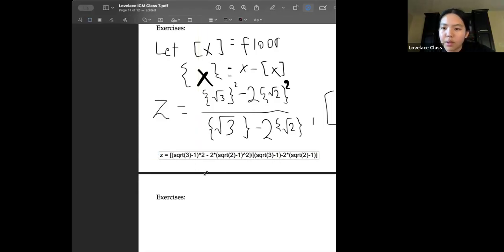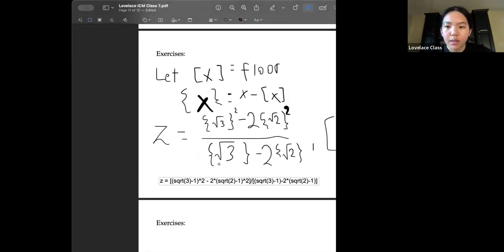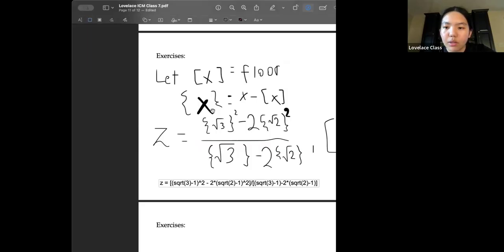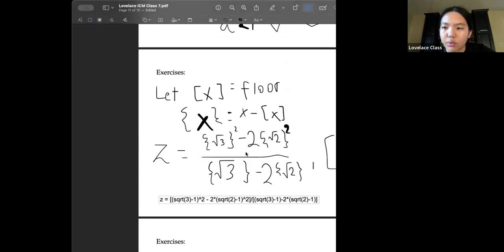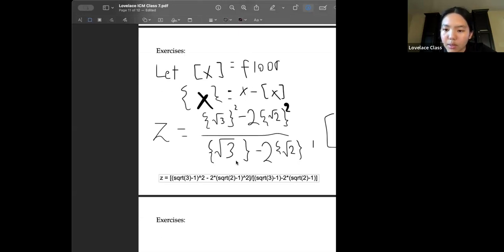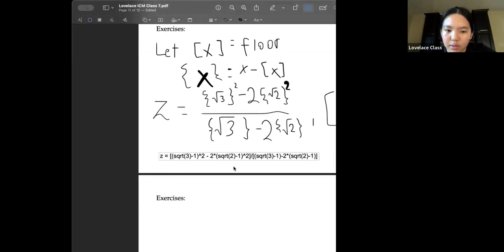Does that make sense? Because we know that the floor of root 3 is equal to 1, so the fractional part of root 3 is root 3 minus 1, because the fractional part of x is equal to x minus the floor of x. And then we do the same thing for both sides and we get this long expression.